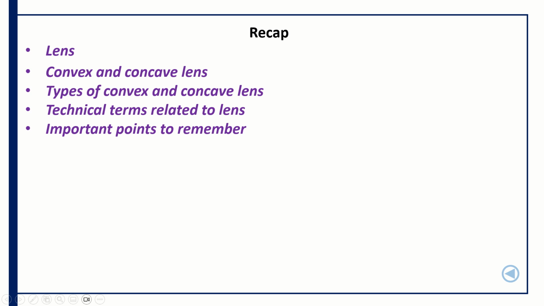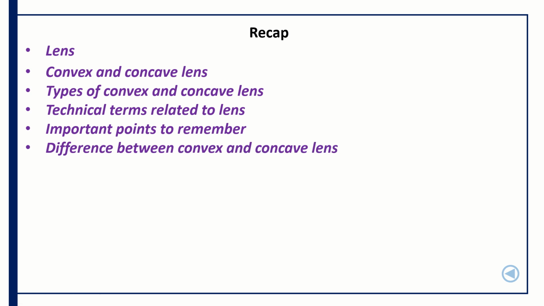We learnt the differences between the convex and concave lens in the previous session. So let's start with today's session and try to understand more about the lens and its image formations.